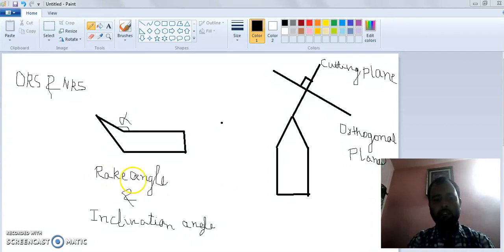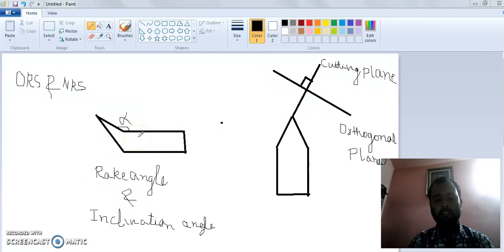The basic difference is this: suppose I take the front view of this cutting tool. The angle between the top line of the face and the parallel shank is called the rake angle.